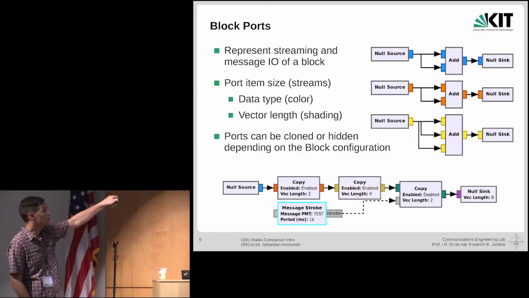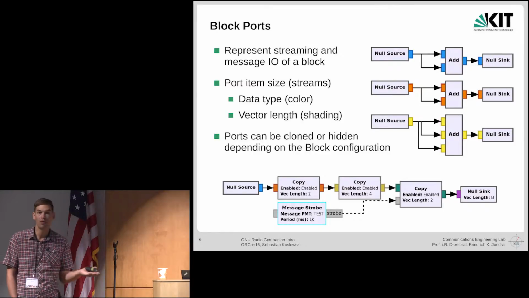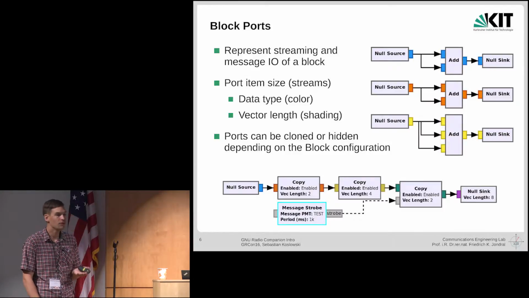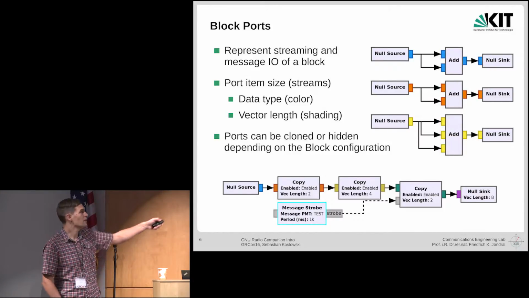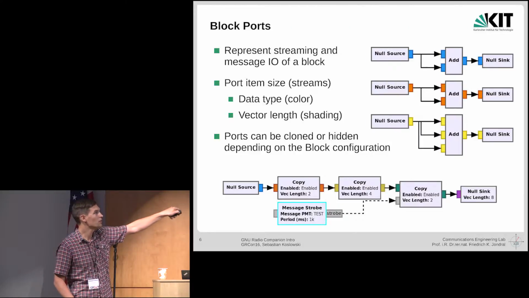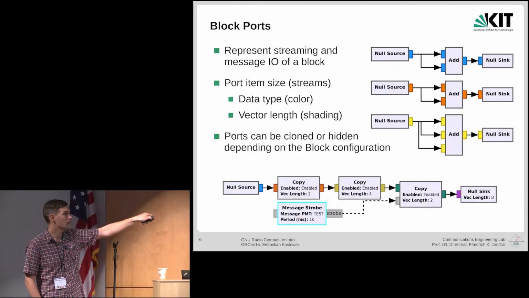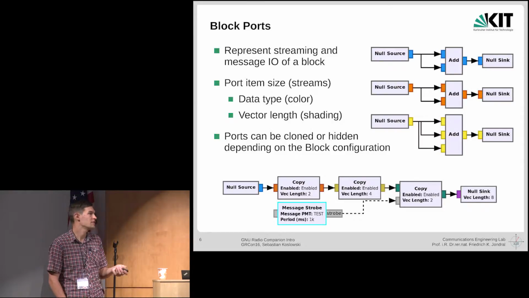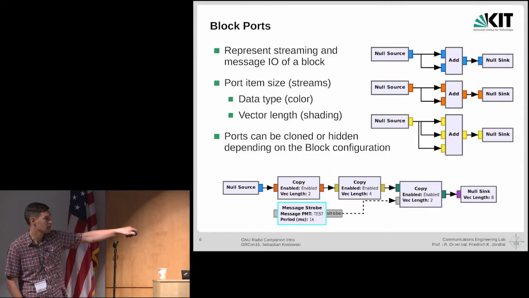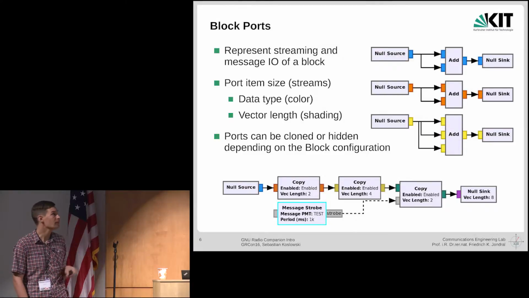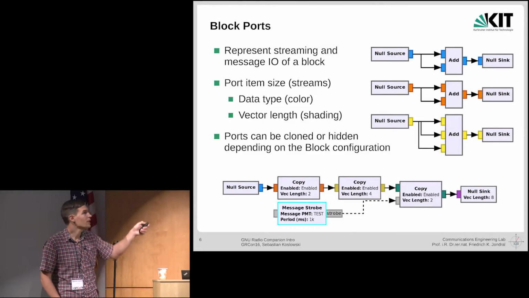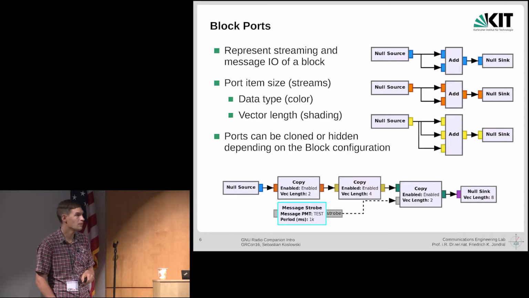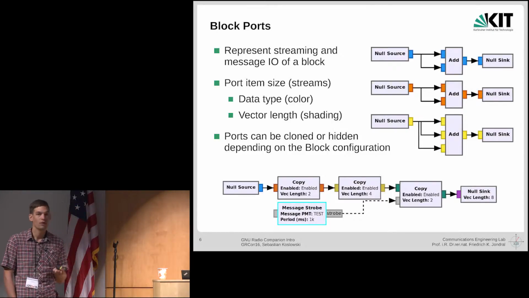So ports represent, as I mentioned, streaming or messaging I/O of blocks. And there's various ways we can go about this. The standard stream ports have a data type, which is indicated by the color, and they have a vector length, which is indicated by the shading, as, for example, down here. So when we connect ports, we usually connect them by the same color, but it's not necessarily required.